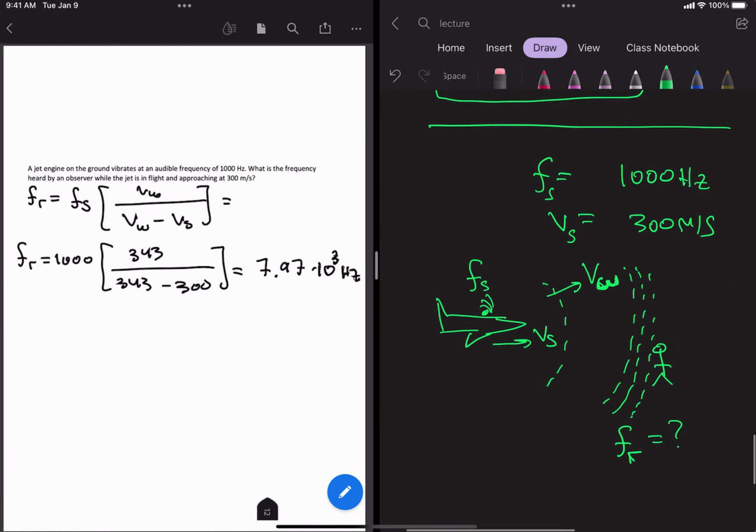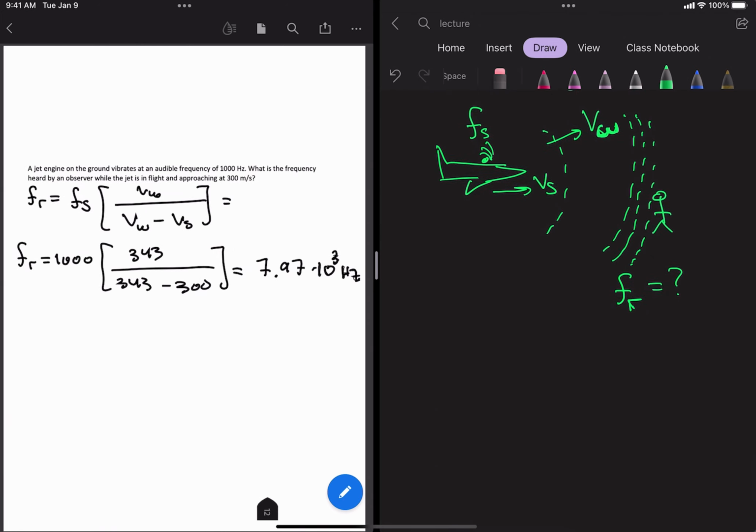So the equation for Doppler effect is frequency received is equal to frequency of the source multiplied by this factor, which is going to be velocity of the wave divided by velocity of the wave, and then plus or minus velocity of the source.